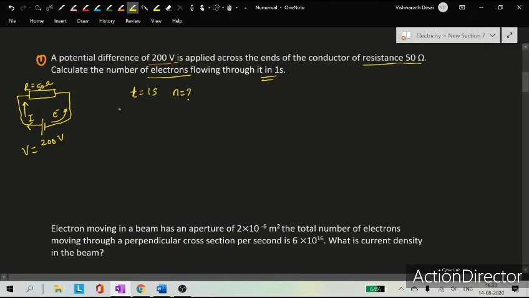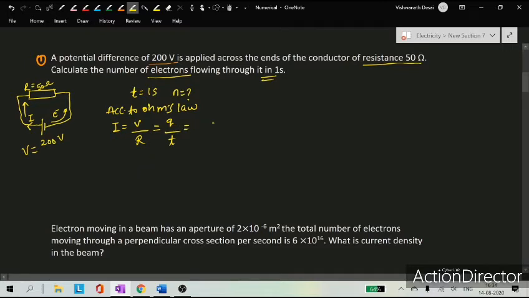Now, according to Ohm's law, current I is equal to V by R. You can use it. And also, the same current I is equal to Q by T. But what is Q?